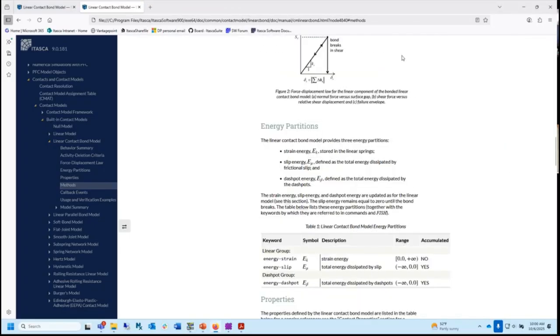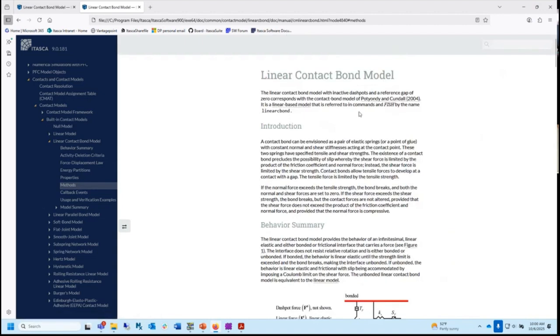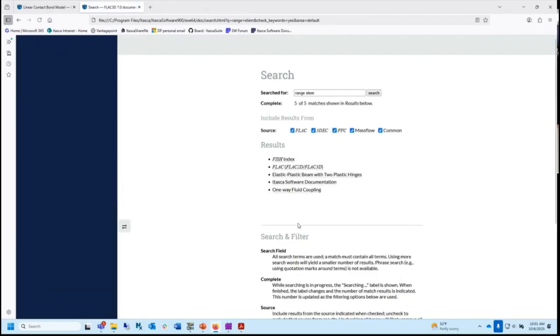I'm going to search for range. Look at a command, model summary, command. Where's commands? Linear contact model. I've got to go to contact, and let's try to search for range. Range element. That's not very helpful.